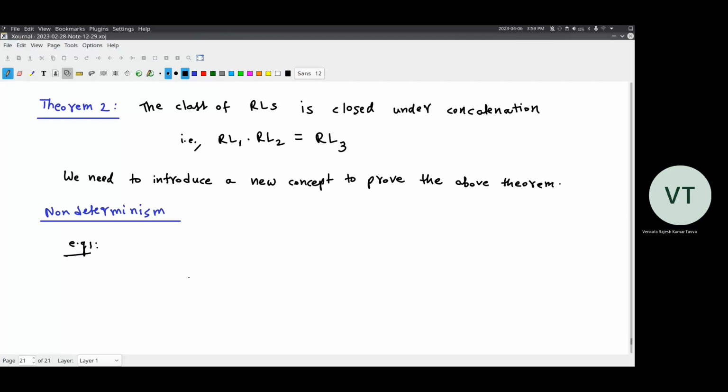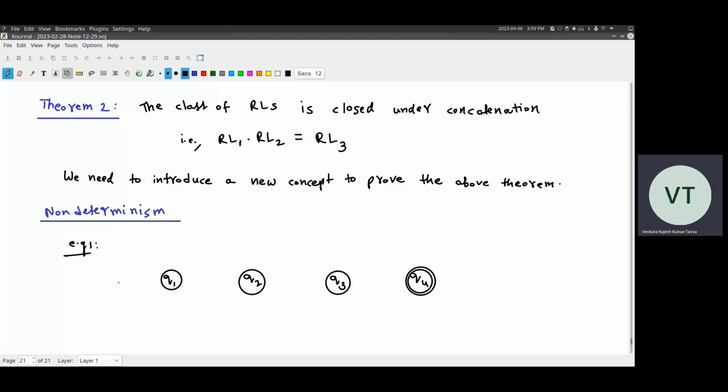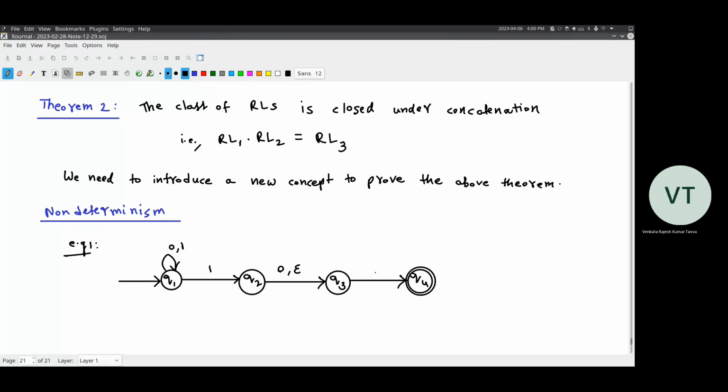Okay, so Q4. Q4 is the final state. Okay, so this is an example of a non-deterministic finite automaton.